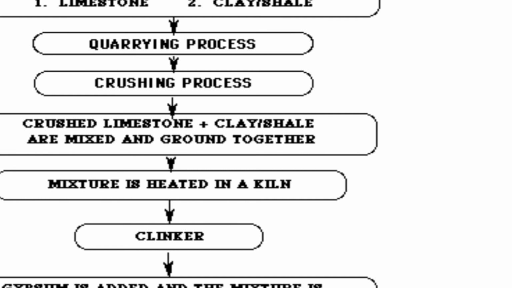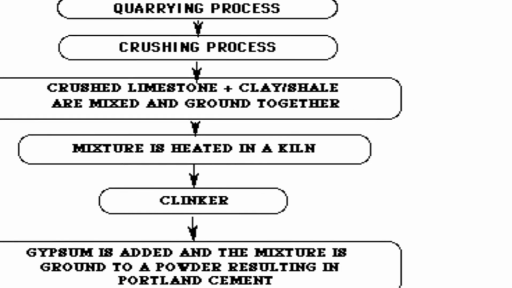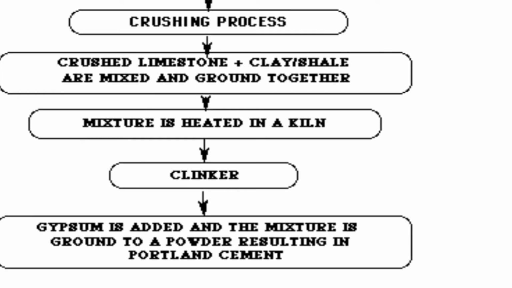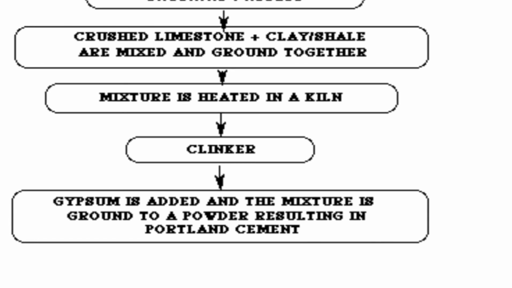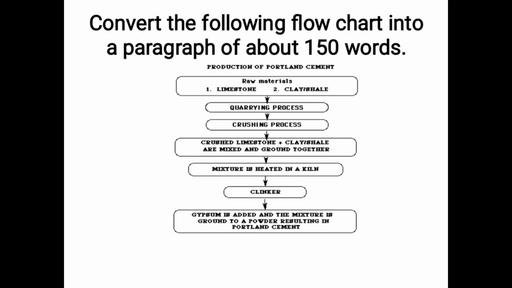After grinding into powder, the mixture is heated in a kiln. Kiln means a vessel. Then after that they are thrown into the clinker. Some chemical is added and the mixture is ground to a powder, resulting in Portland cement. So this is the process of making cement.